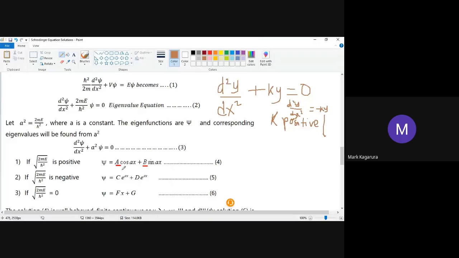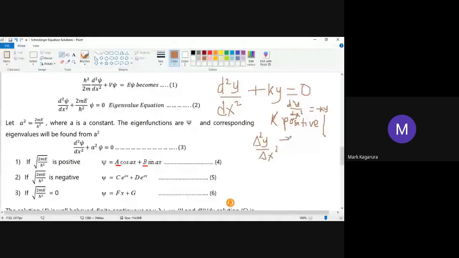You can use a del operator to bring it out more easily because it squares the function instead of just having this derivative. So if you're using del squared over del x squared, it brings it out easier.